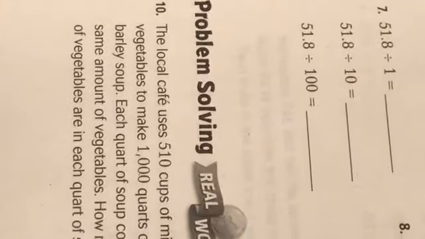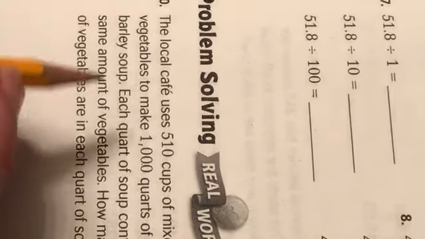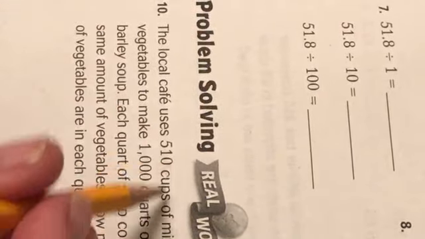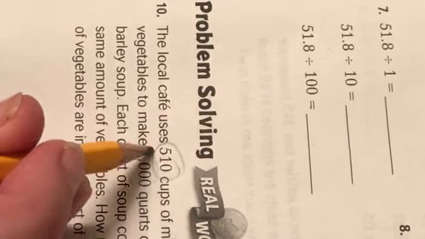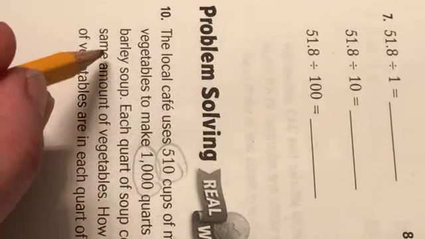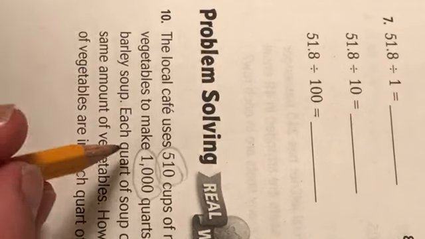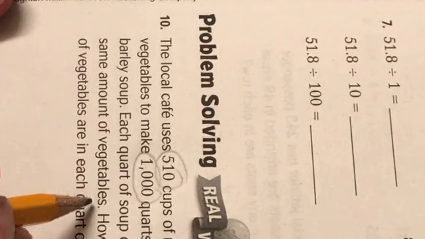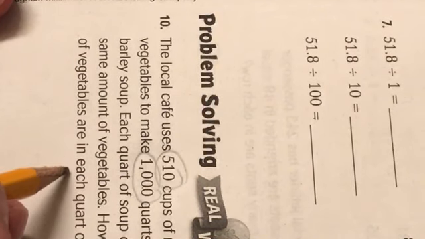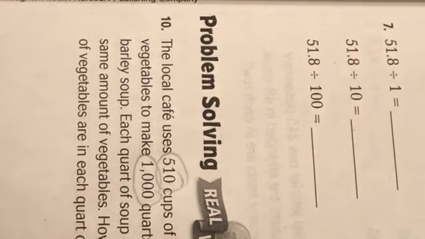I will go to 10 for you because it's a word problem. We didn't get to a word problem today. So it says the local cafe uses 510 cups of mixed vegetables to make 1,000 quarts of beef barley. Each quart of soup contains the same amount of vegetables. How many cups of vegetables are in each quart of soup?